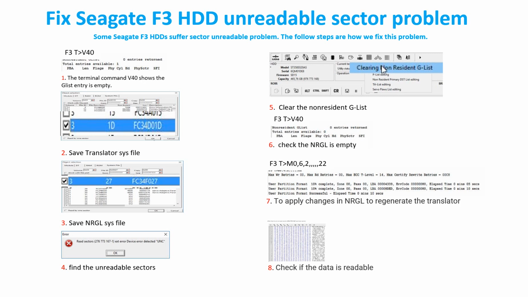Clear the non-resident glist. 6. Check the NRGL is empty. 7. Apply the changes in NRGL to regenerate the translator. 8. Check if the data is readable.